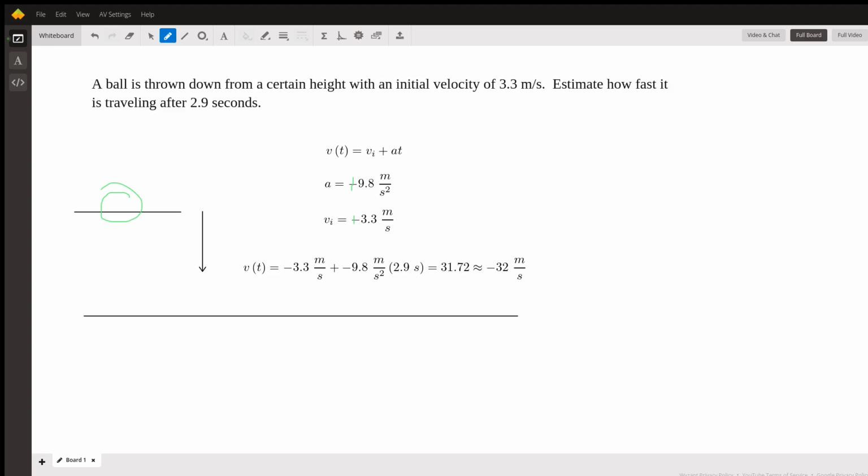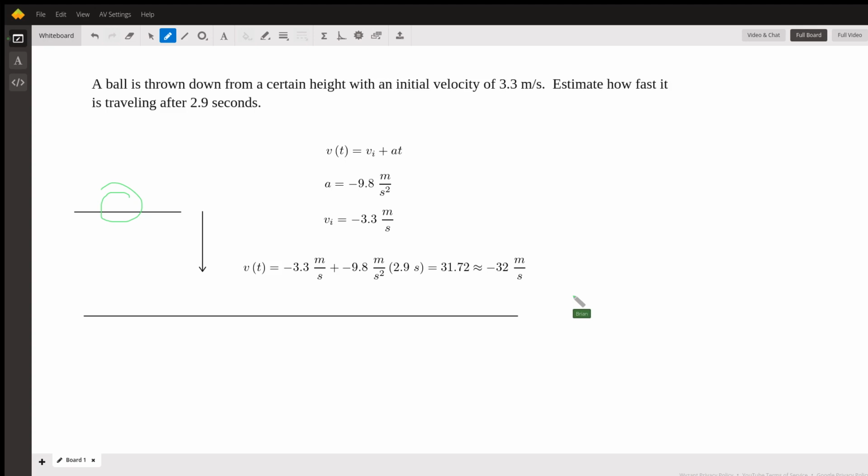So if an object was moving in a certain direction and accelerating in the opposite direction, it would basically be slowing down. So the correct answer to this question as it is asked is probably positive 32 meters per second, but technically speaking, it's customary for the final velocity to be negative 32 meters per second.